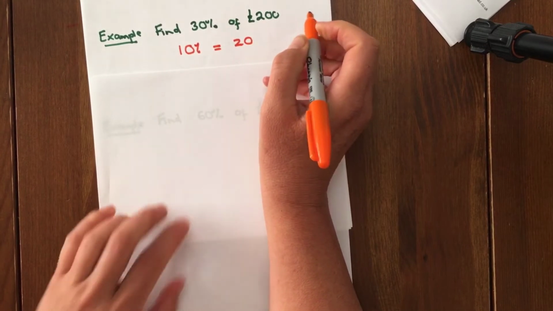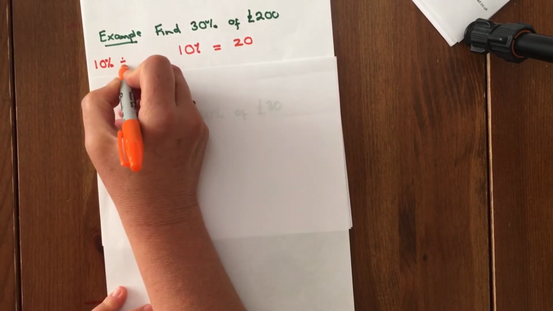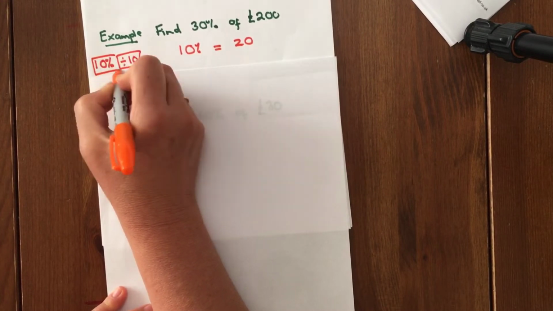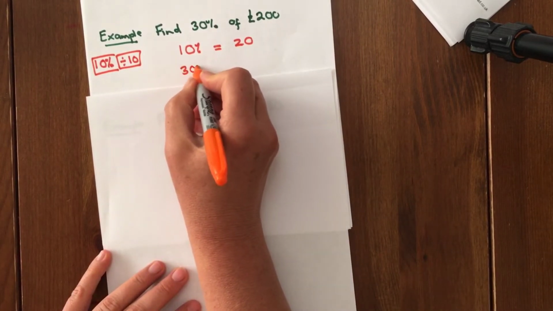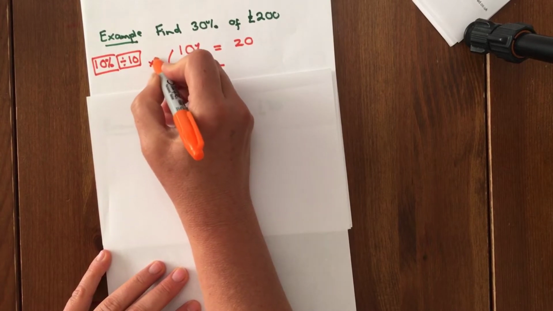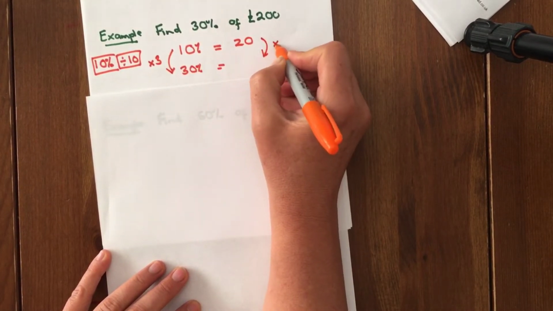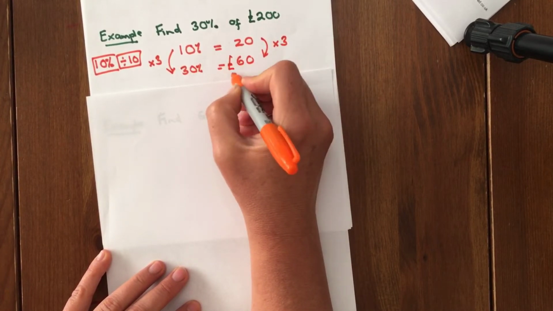Remember, key fact, to find 10%, I divide by 10. That's your key fact from last lesson. So what would 30% be? Well, 10% 3 times is 30%. So I times 20 by 3 to get 60.